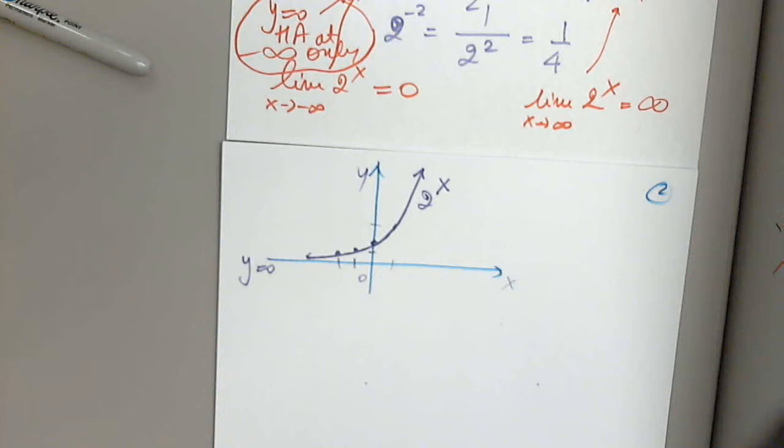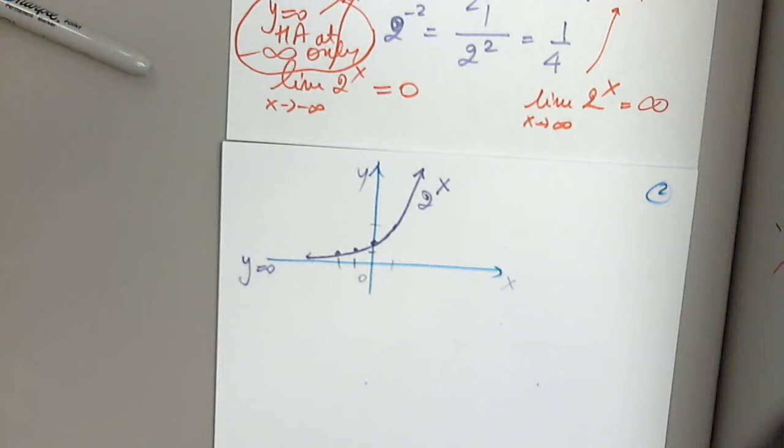What can you say about this function? Is it increasing on its domain? Yes, increasing. When we talk about increasing, we say what happens to the y values as x goes from left to right.